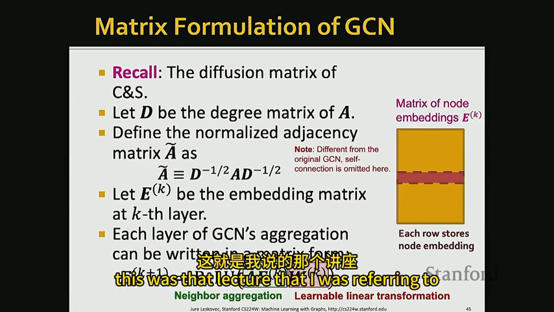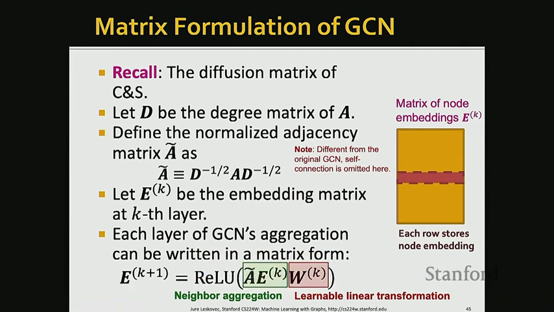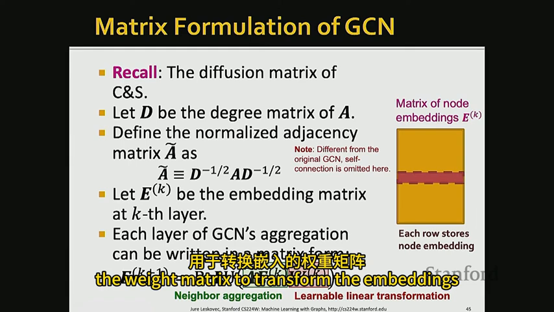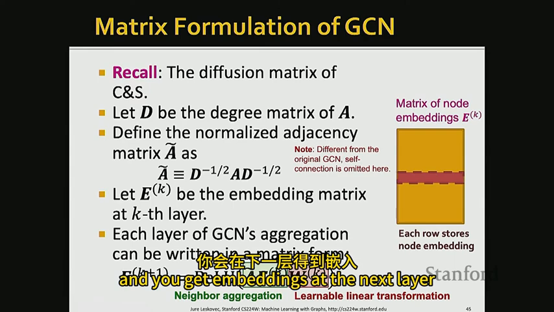This was that lecture that I was referring to, where basically you can take this diffusion matrix, embeddings at a layer k, the weight matrix to transform the embeddings, send it through a nonlinearity, and you get embeddings at the next layer.